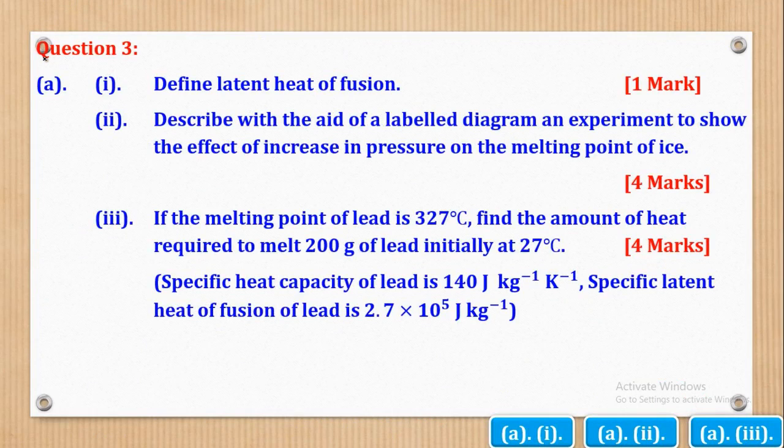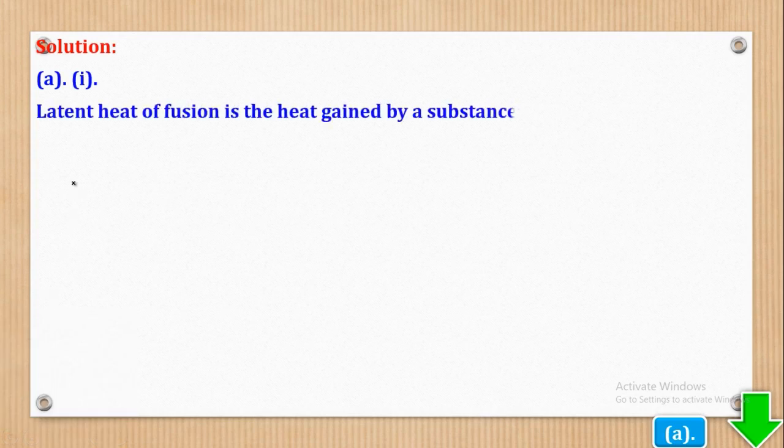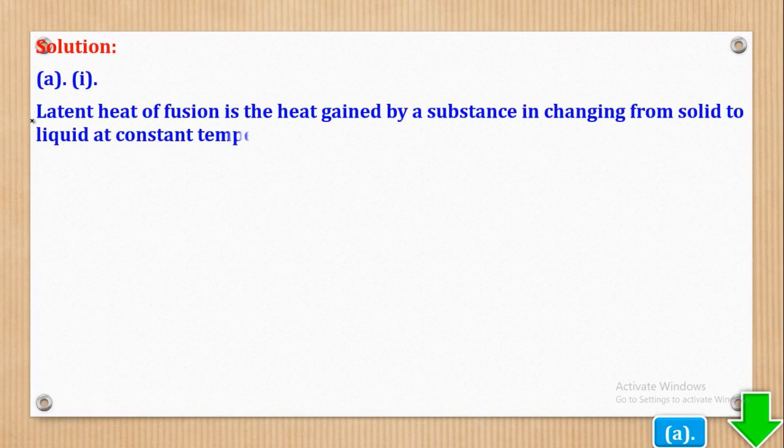Question 3a, Roman 1 says, define latent heat of fusion. So you come and say the latent heat of fusion is the heat gained by a substance in changing from solid to liquid at a constant temperature.